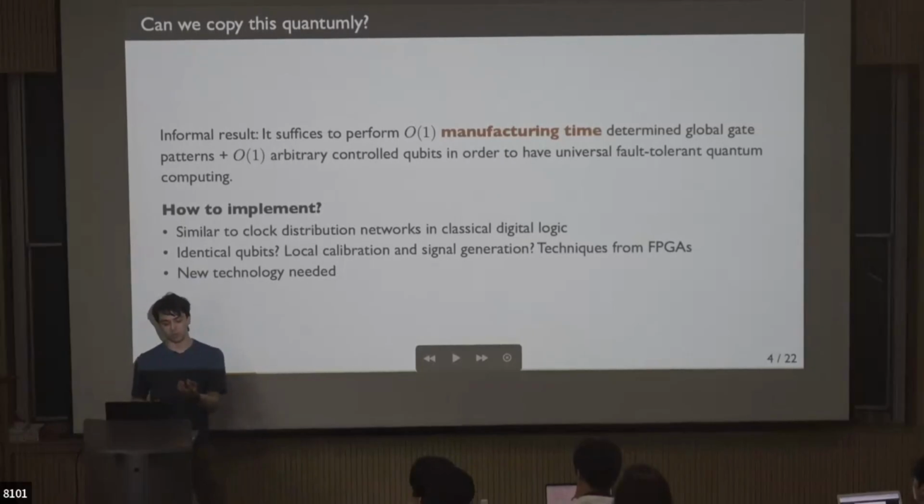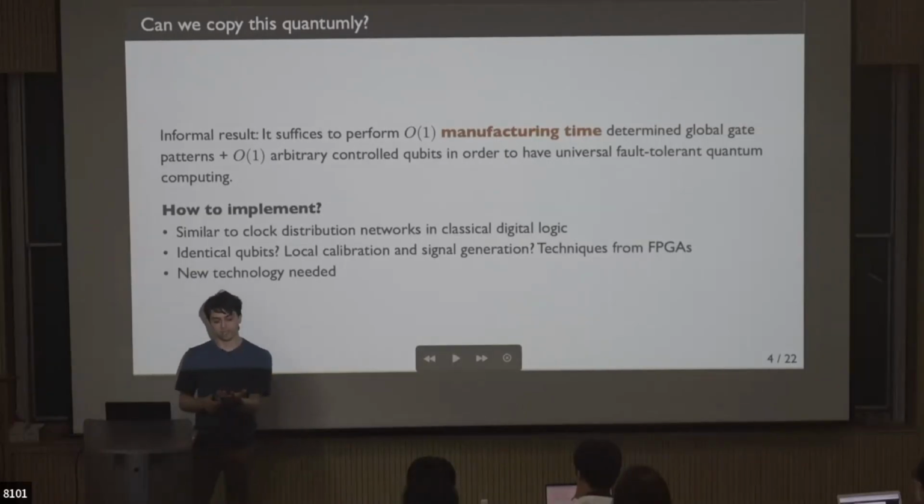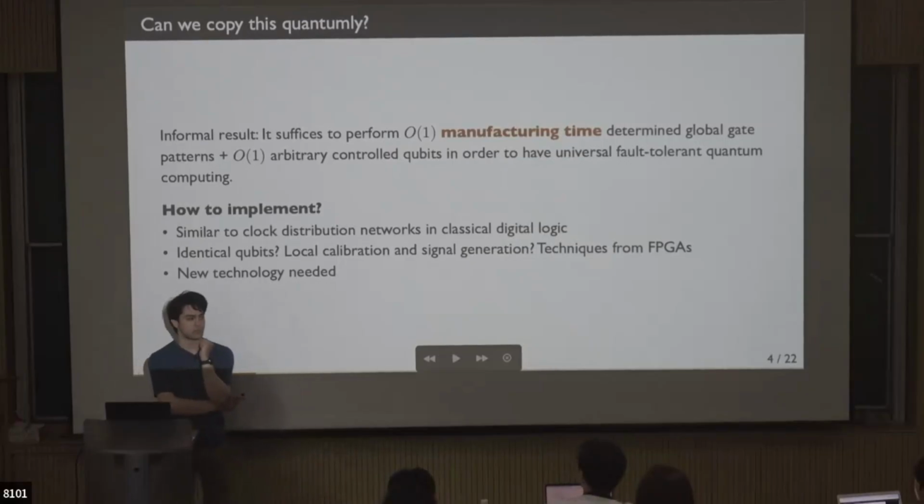So you'd need to figure out some way to either make your qubits very tightly controlled in terms of the manufacturing variance, or find some way to locally tune it up without actually talking to the outside world. There are also some techniques from, for example, FPGAs, where you can serially address these particular regions of the chip in a very slow manner, which would be fine for calibration. Either way, you need some new technology.